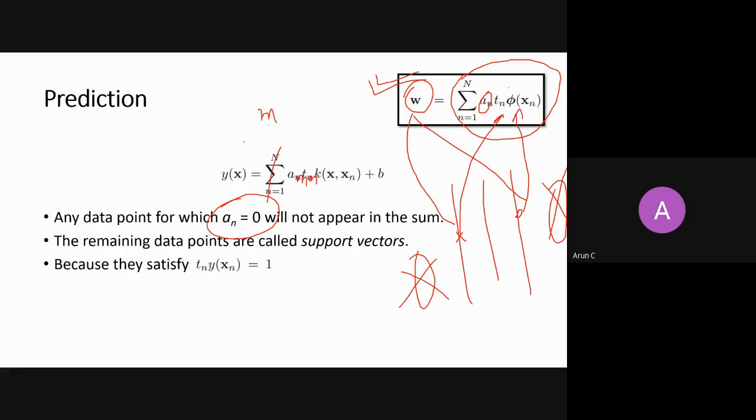Wherever you are predicting the label, you put this x here. You take a dot product with all the support vectors one by one and weight them with an and tn, which are available for all support vectors.